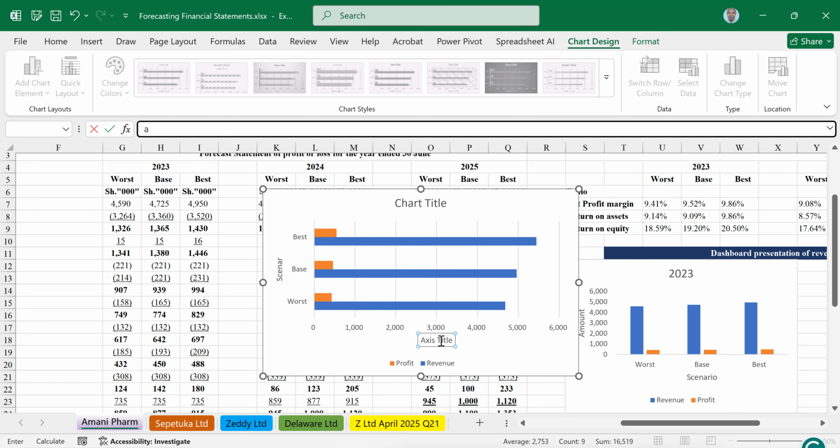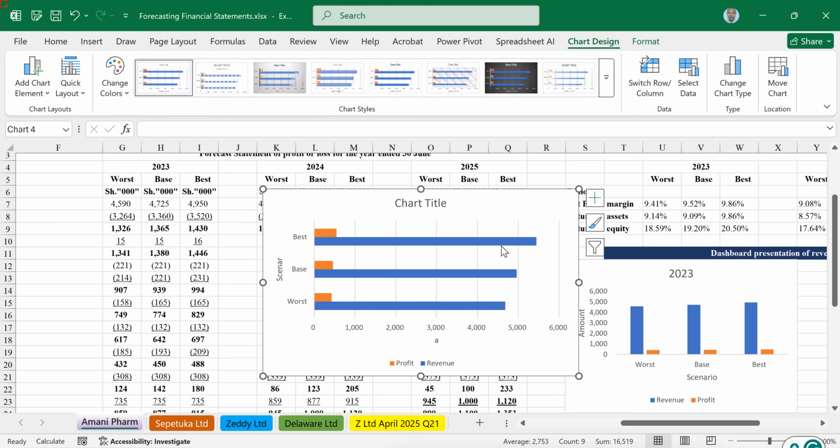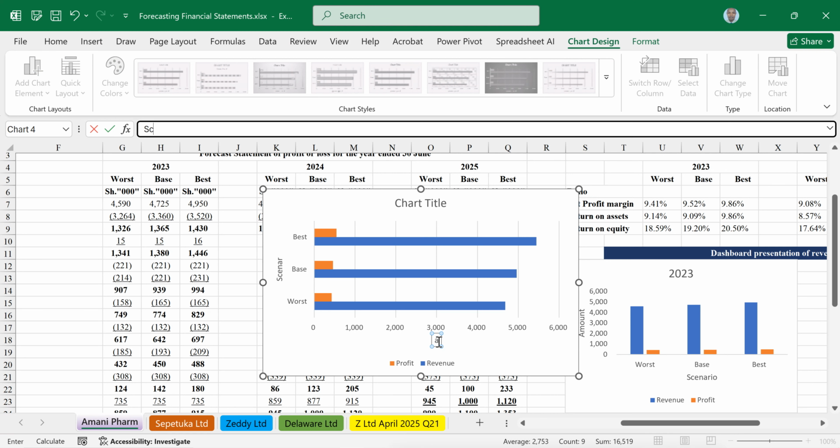Amount. Scenario. So something strange is happening. This one should be scenario. Nope, that should be amount. Then this other one should be scenario.